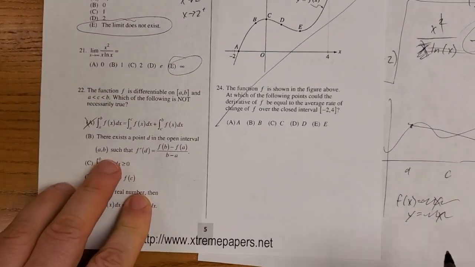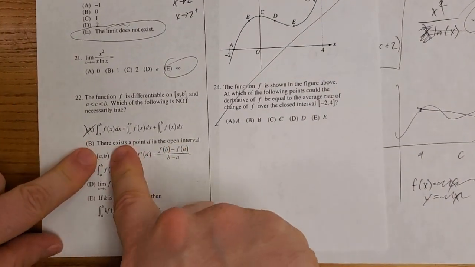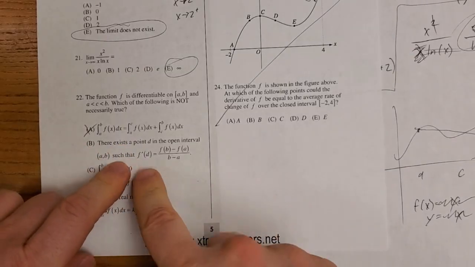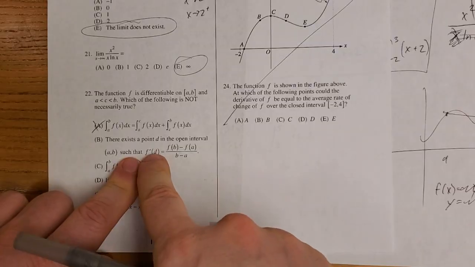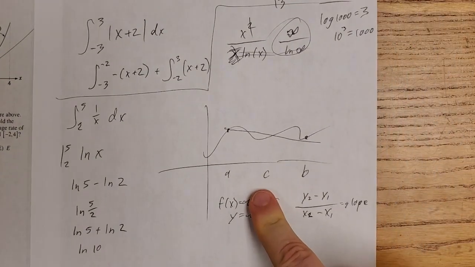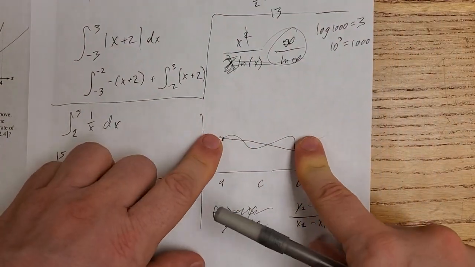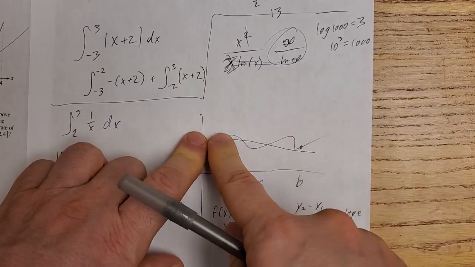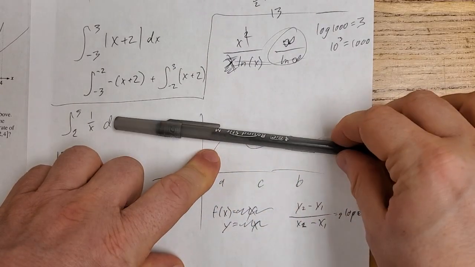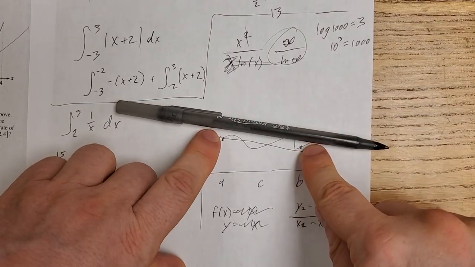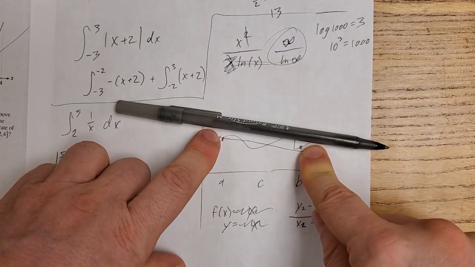then it's asking, is there some point in between a and b where the derivative of the function at that point, so somewhere in between a and b, the slope of the function is equal to the straight line slope between the two endpoints.